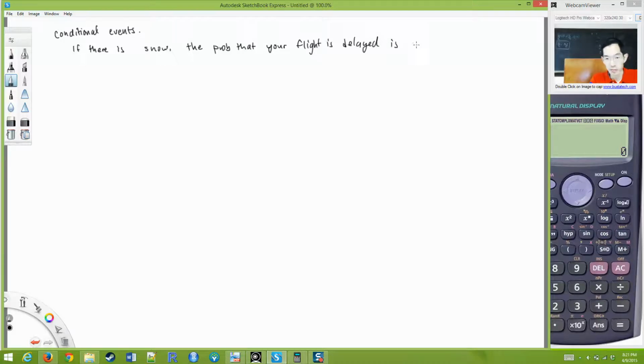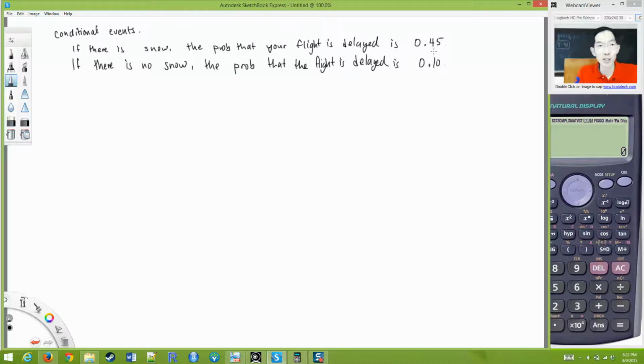is 0.45, okay? And if there is no snow, the probability that the flight is delayed is 0.10, okay? So 45% chance of a delay if there's snow, 10% chance of a delay if there is no snow.